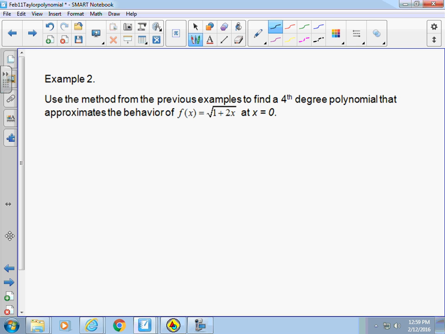Mm-hmm. You just didn't know the 24 or the 4 factorial part. Good derivative practice. It's been a while.